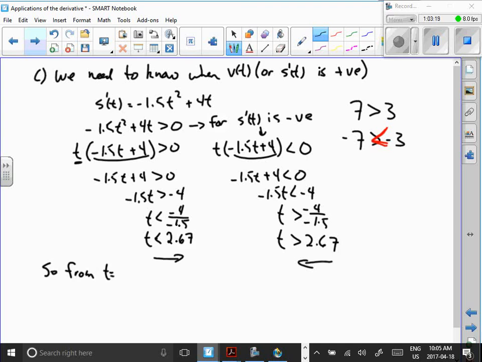Okay, so from t equals 0 to t equals 2.67, the particle is moving to the right.